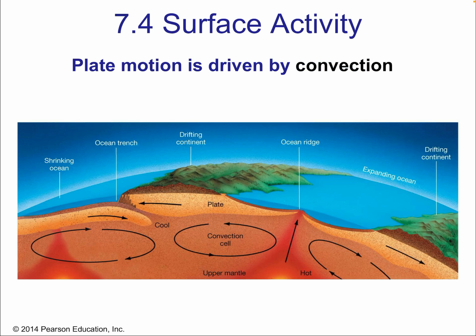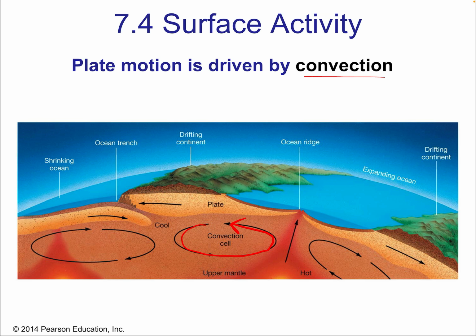Okay? All right. So plate motion, those plates that we kind of before were talking about how they can move relative to each other, but why do they move? Well, they're driven by convection. Okay? Because, again, like the atmosphere, hot material in the mantle rises, cooler material sinks, creating these convection cells of lava within the mantle.